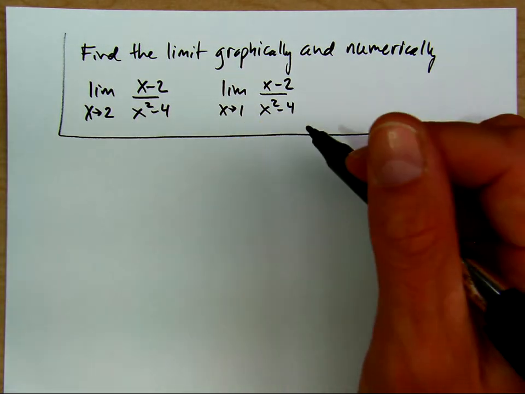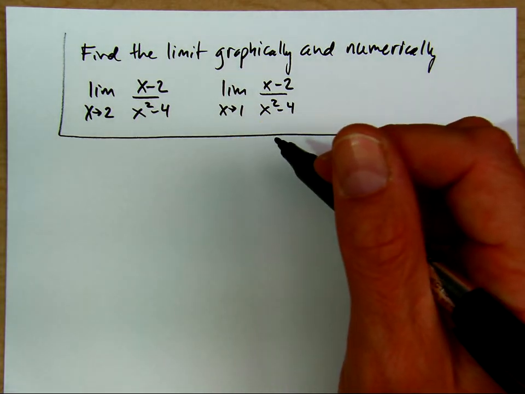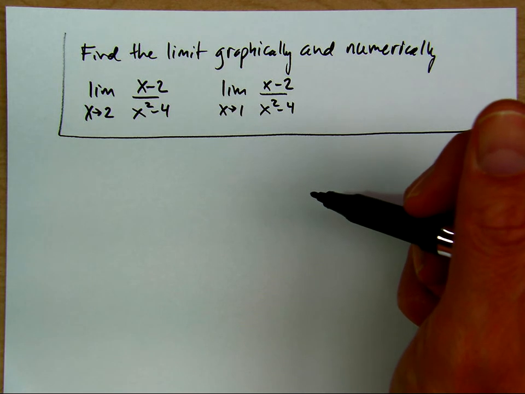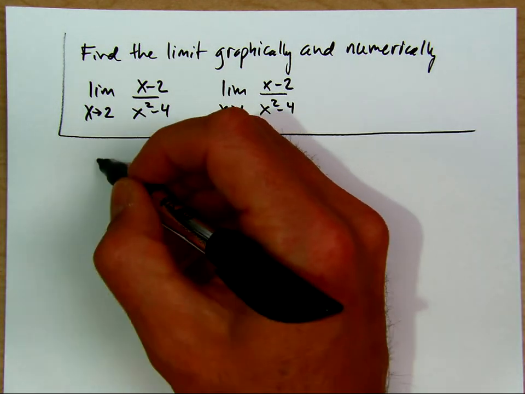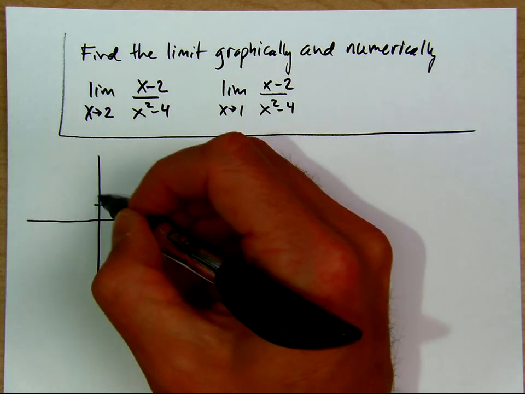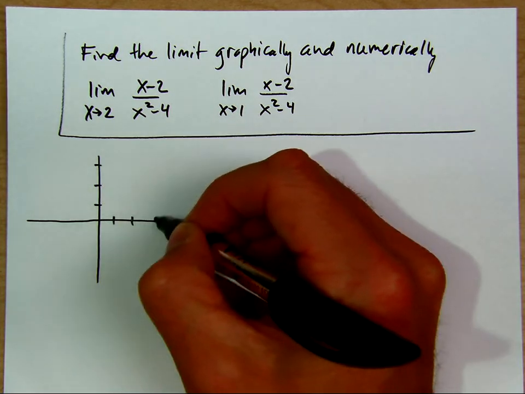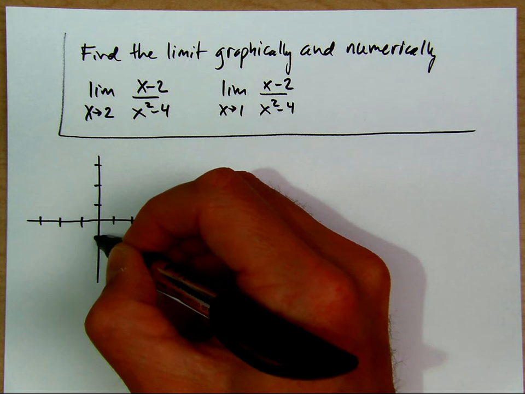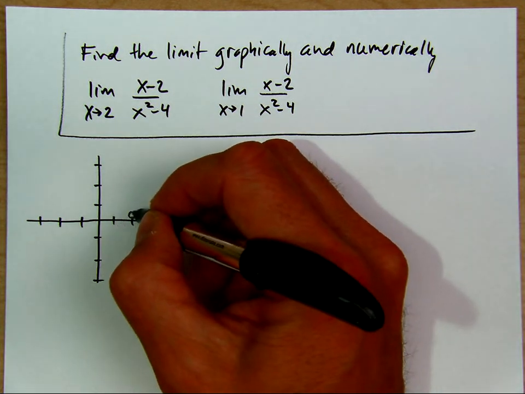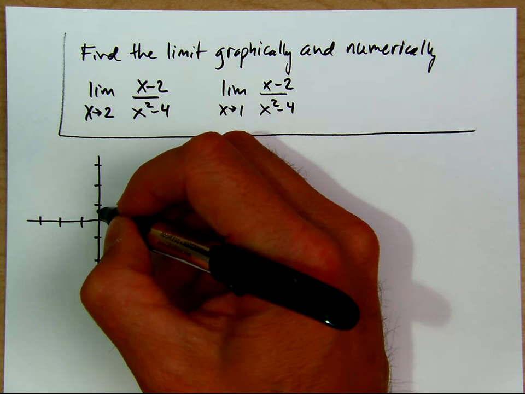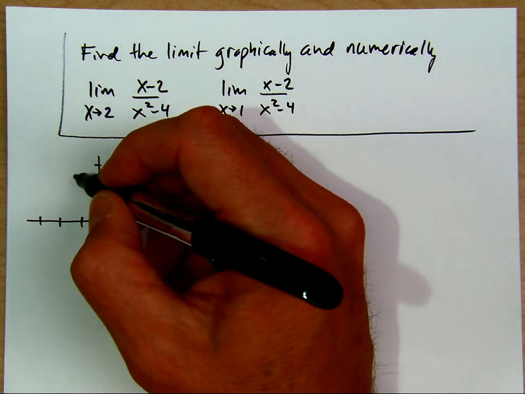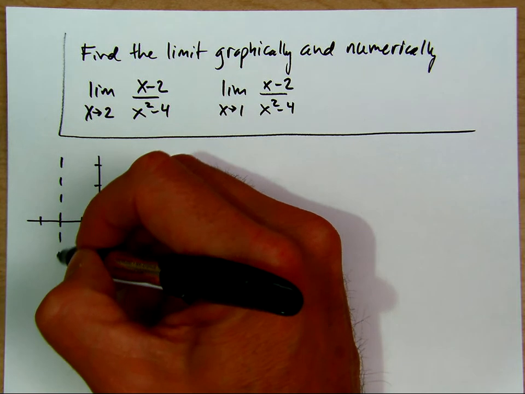Okay, so if we find these limits graphically, we have an open circle around there, y-intercept of 1/2, vertical asymptote at -2.